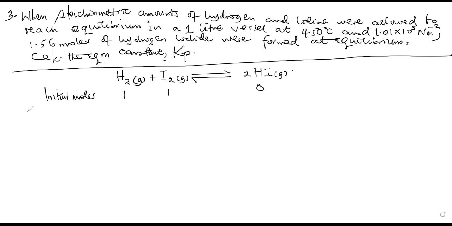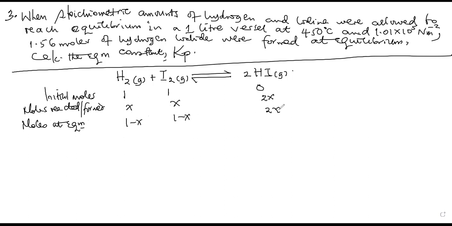Then moles that reacted, or moles that were formed: for hydrogen, if it is X, iodine will be X, and this will be 2X. Then moles at equilibrium, we shall have 1 minus X, 1 minus X, and 2X.